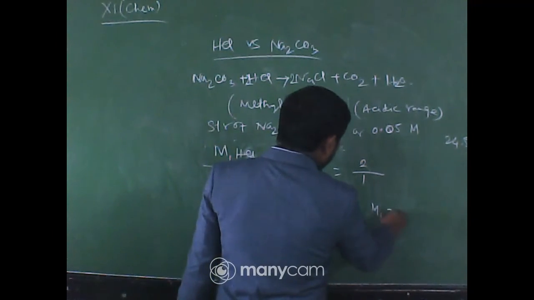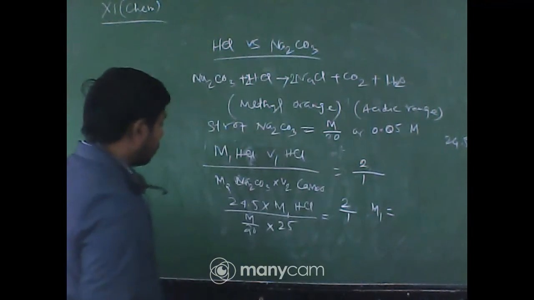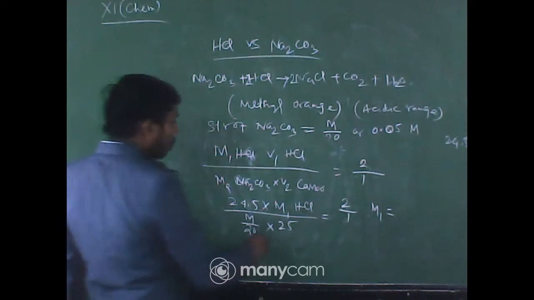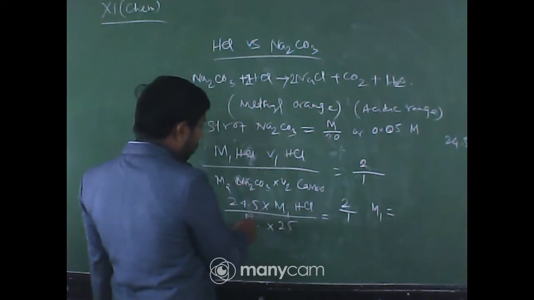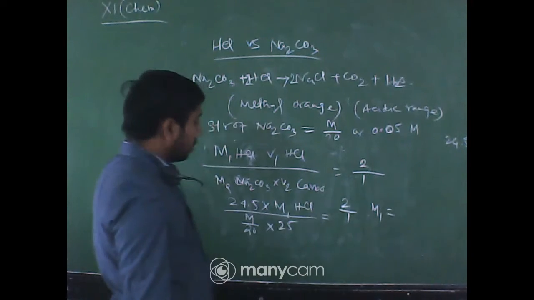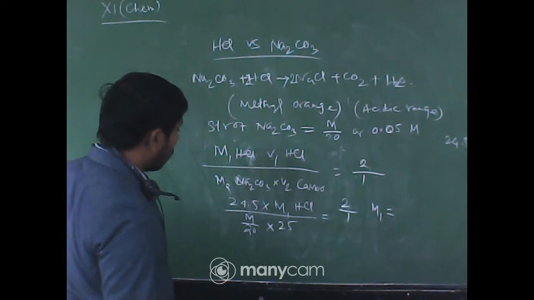So M1 is equal to, this should not be cancelled out, this is 1 by 20. Okay.